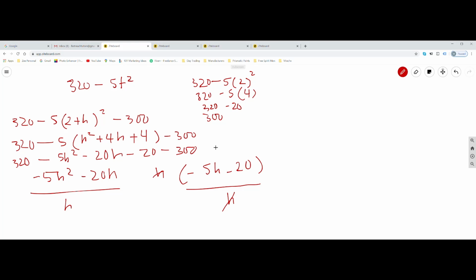You're left with negative 5h minus 20. So when you substitute 0 for h, you're left with negative 20. So at t equals 2 seconds, the instantaneous velocity would be negative 20 meters per second.